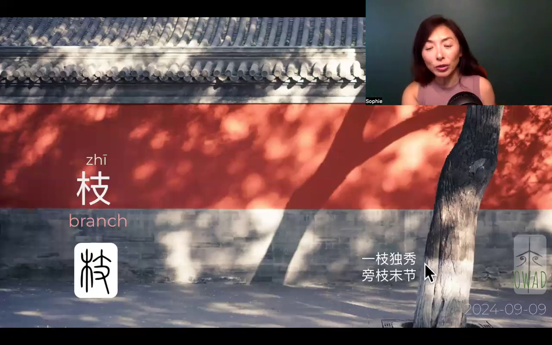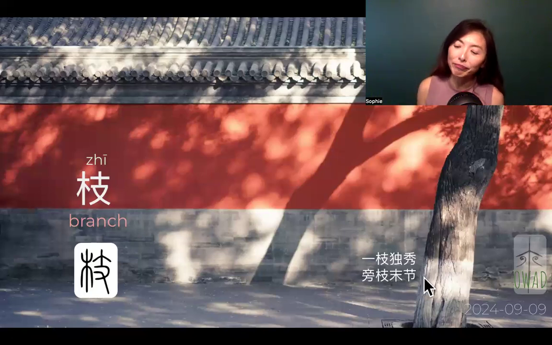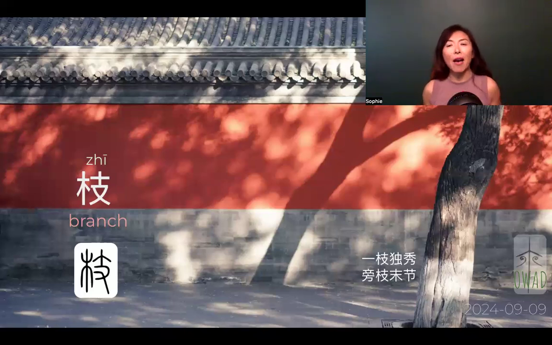Anyways, 一枝独秀 is the Chinese way to say that when everybody else doesn't have it, this one branch all of a sudden has it. 秀 actually means to stand out, outstanding. But it came from a plant symbol as well.